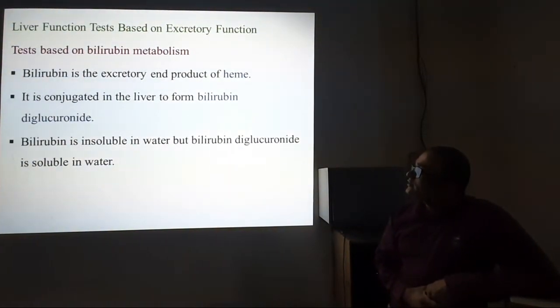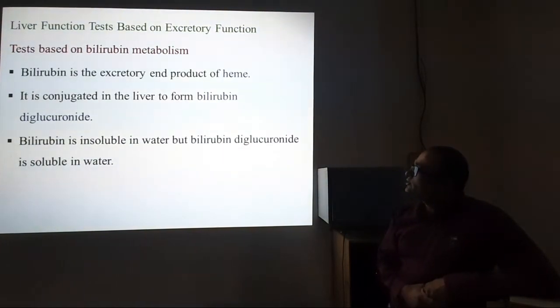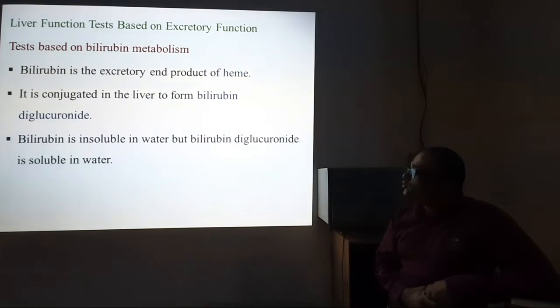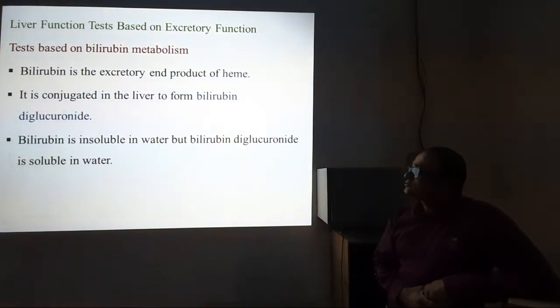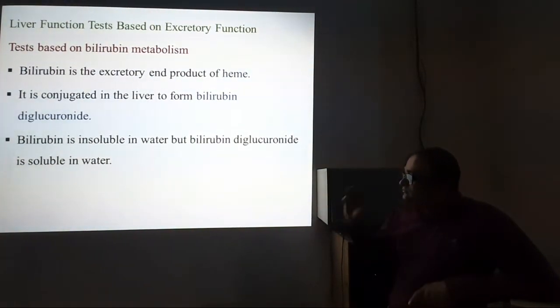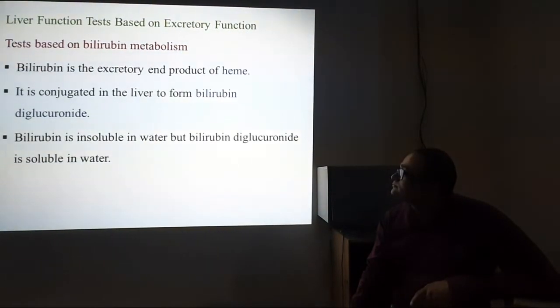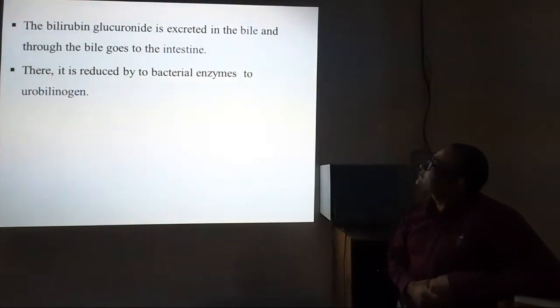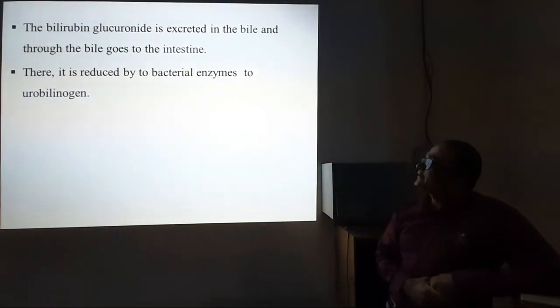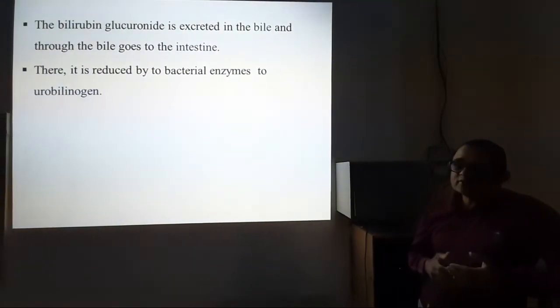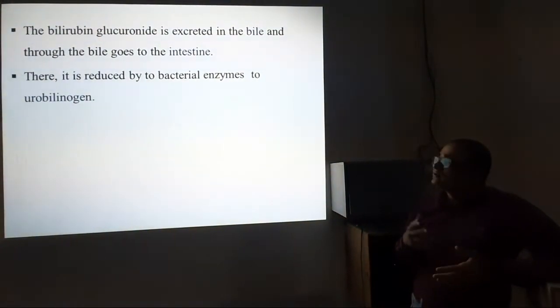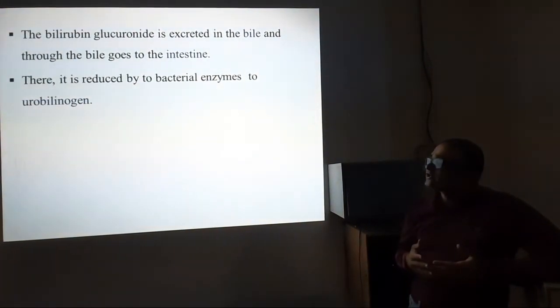The liver conjugates the bilirubin to bilirubin diglucuronide, which is made soluble and is excreted through the bile. The bilirubin glucuronide excreted in the bile goes to the intestine, and in the intestine the bacterial enzymes reduce this bilirubin to urobilinogen.